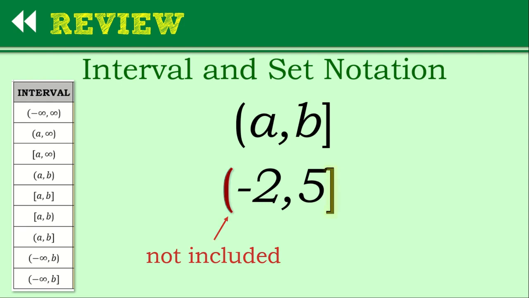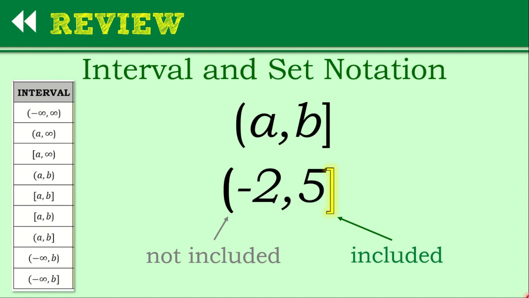When you see the other one, a square bracket, it means that the second number, here it's 5, is included or part of our solution. Remember that. So our solution is from -2 to +5. It's between -2 and 5, excluding -2, but including +5.